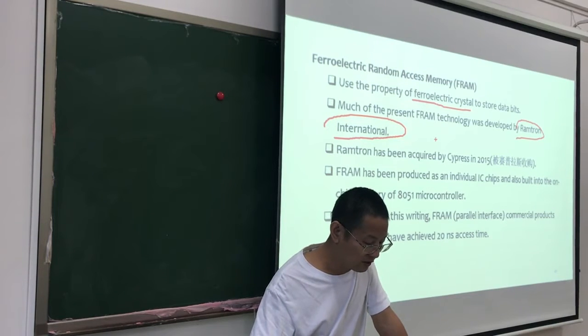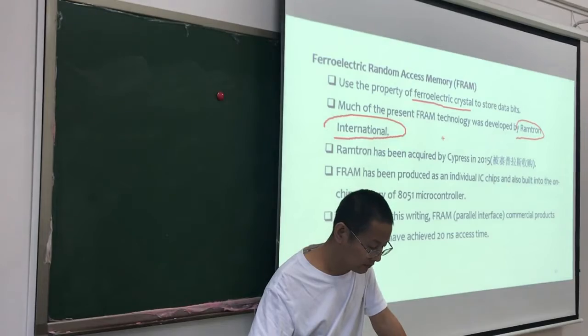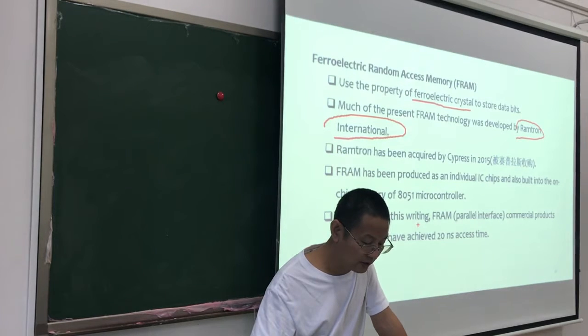FRAM has been produced as individual IC chips and also built into the on-chip memory of the 8051 microcontroller. At the time of this writing, the FRAM commercial product from Cypress has achieved 20 nanoseconds access time.